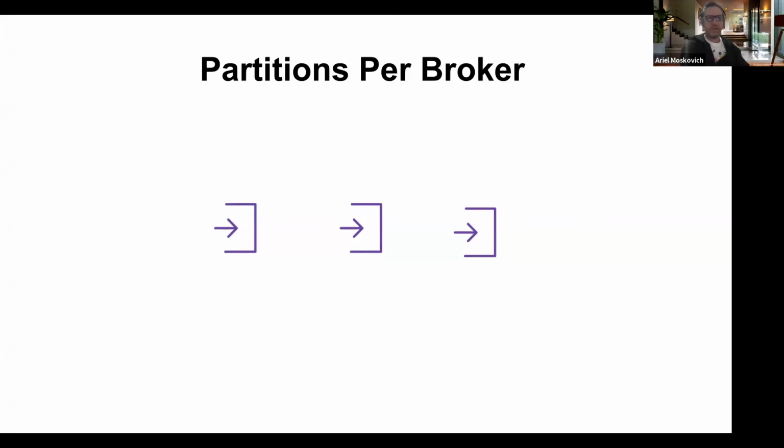But if we have brokers holding 200 partitions and others holding 800 partitions and so on, this will create a scenario where some brokers do more work than the others, hold more data than the others, we produce to them more, we consume more from them, we replicate more data to them. So this will cause an unbalanced cluster. So we want to make sure that the partition count per broker is very close between the brokers.